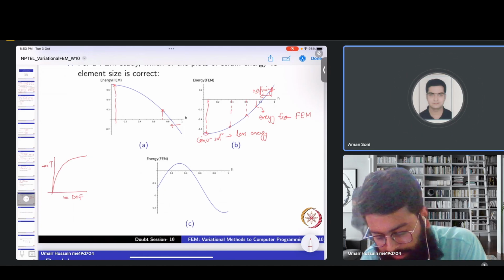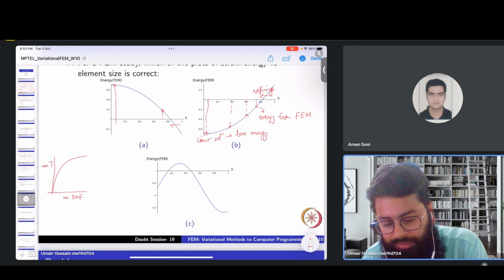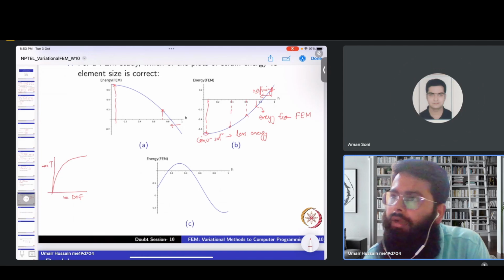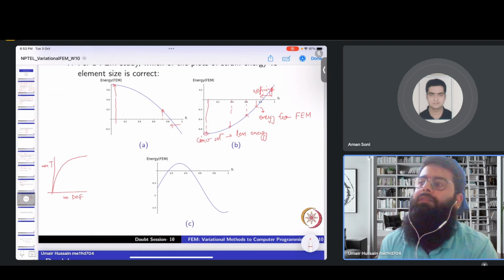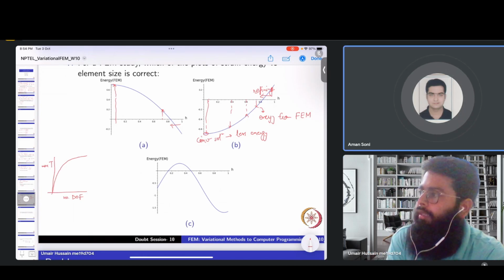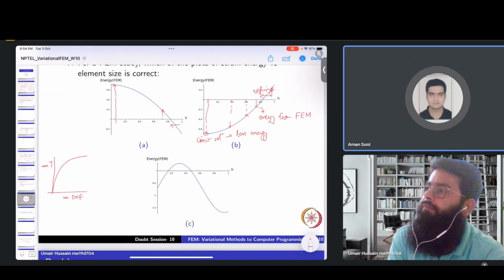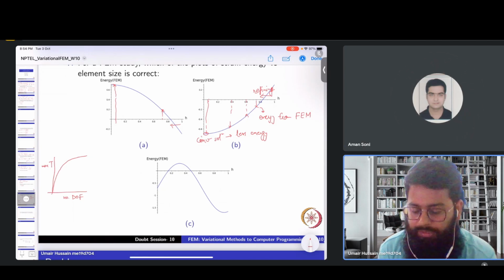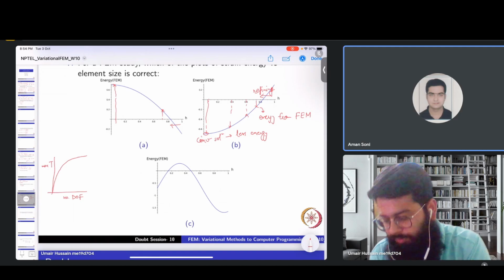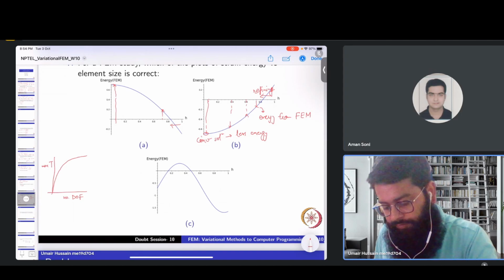Here the x-axis is the number of degrees of freedom, which we can directly relate to the number of unknowns. It's the opposite of this h-axis here. So that's what we saw there.